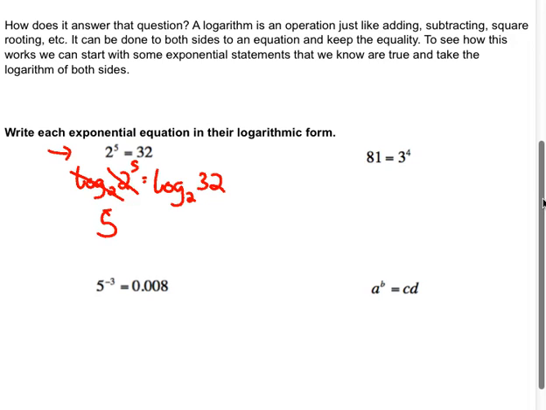It sets free that exponent. Okay, so that is the logarithmic form of this equation. Log base 2 of 32 is 5. And again, the logarithm is answering the question, what power does 2 need to become 32? Well, it needs 5, and that's the solution to this equation.